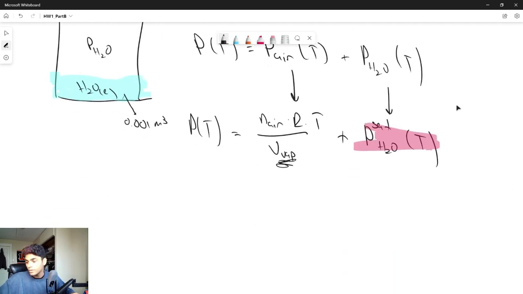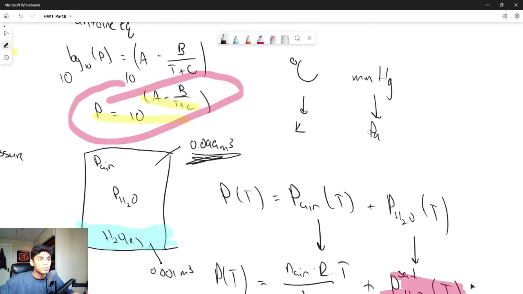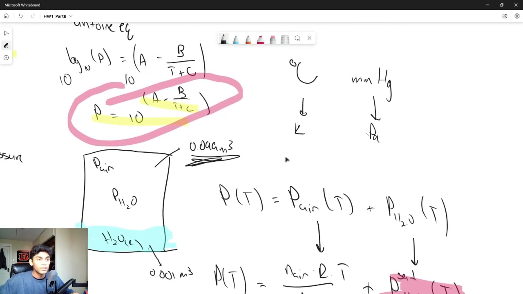So let's just take a look at what that's going to look like. Get this over here, moles of air times R times temperature. And if we want to keep this in Kelvin, I think it might be a better idea to just convert this into Kelvin.